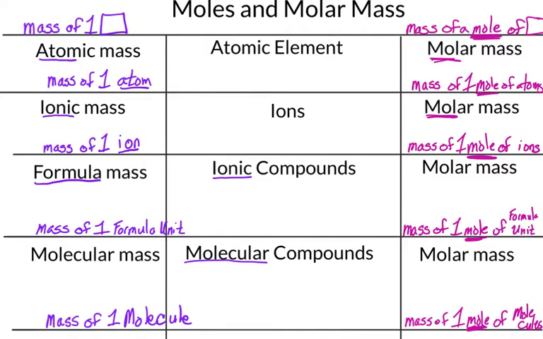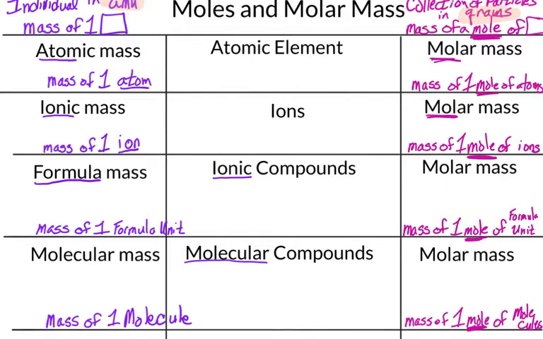So what's the major difference between these? Notice that we have a lot of different names for the individual ones, and the units for those are always going to be AMU. On the other hand, when we look at molar masses, those are for a collection of those particles, to include 6.02 times 10 to the 23rd of whatever it is. The two main differences that we see when we talk about atomic, ionic, formula, and molecular mass versus molar mass: the first one is it doesn't matter what type of substance I have, it's all called molar mass.